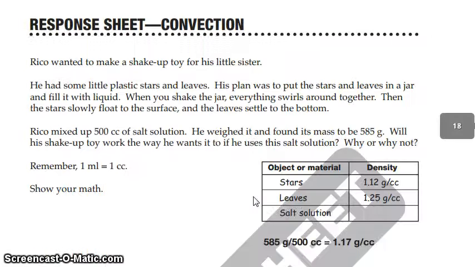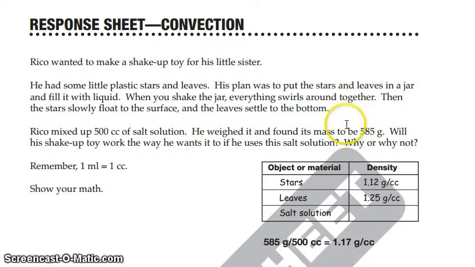We also looked at the worksheet here, again doing some more practice problems with solving for the density. We have Rico making a shaking toy, almost like a snow globe, for his sister. He mixed up a salt solution, 500 cc's or 500 milliliters of salt solution. He weighed it and found it had a mass of 585 grams.